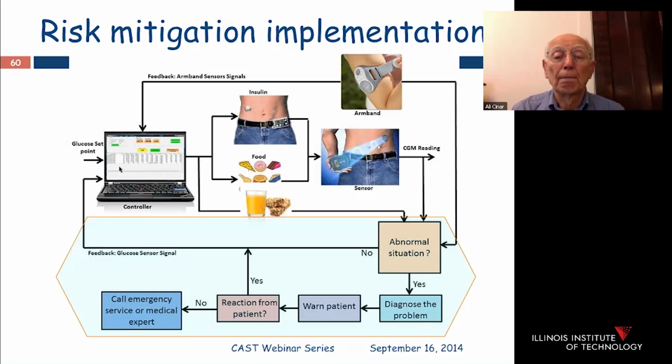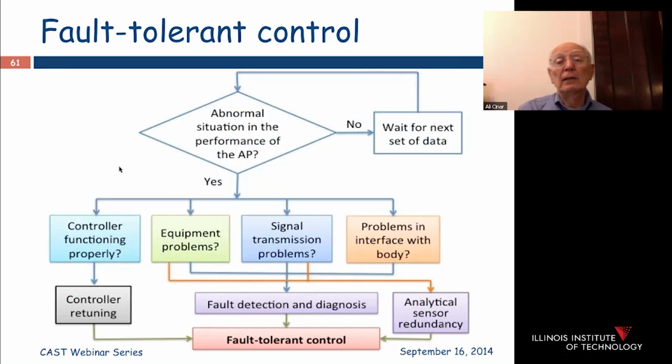And with that, we could lead to the next level, which would be the fault-tolerant control, where fault detection and diagnosis will feed into fault-tolerant control modules, along with the analytical sensor redundancy that will provide additional information, and if need be, controller retuning if the culprit is the controller, to provide a better control system for use and make this transparent to the patient.